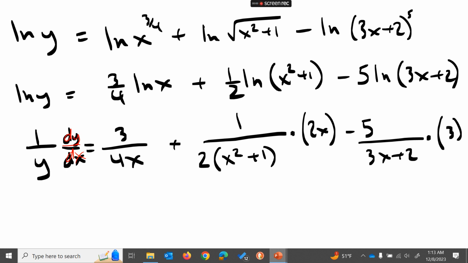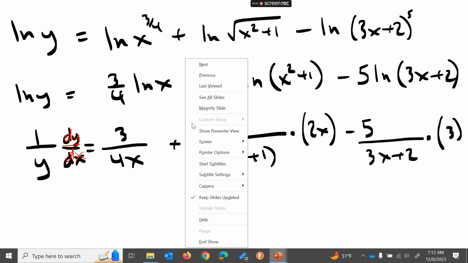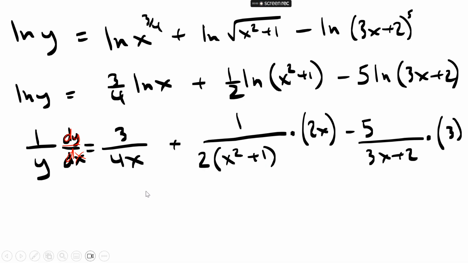I can erase this now. Just didn't want to. How do I do that? One second, let me see if I can. There it is. Got it for the taskbar.